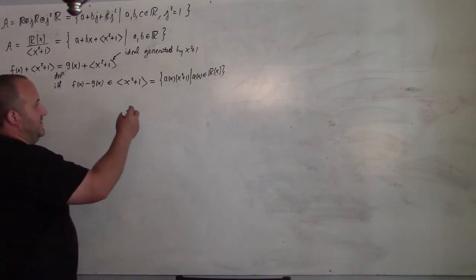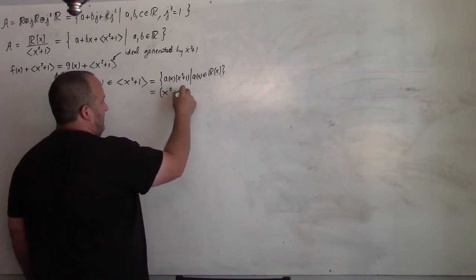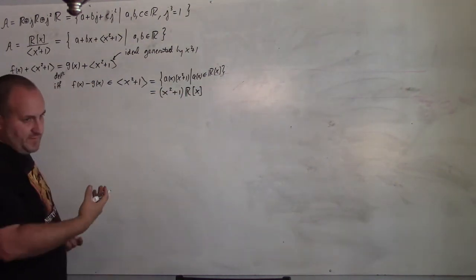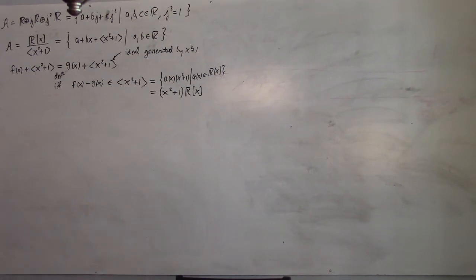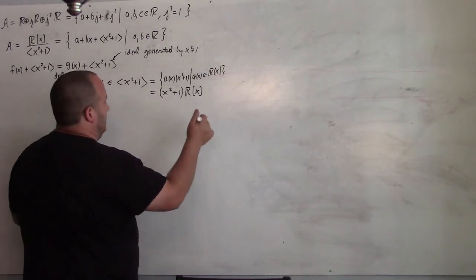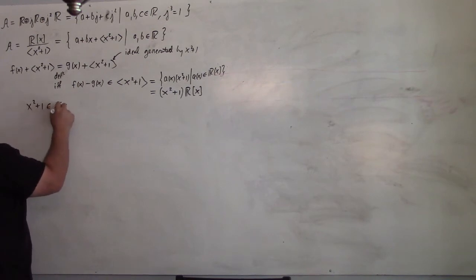A snazzier notation for this might be multiples. First of all, since this has the number 1 in it, that means x squared plus 1 is in here.